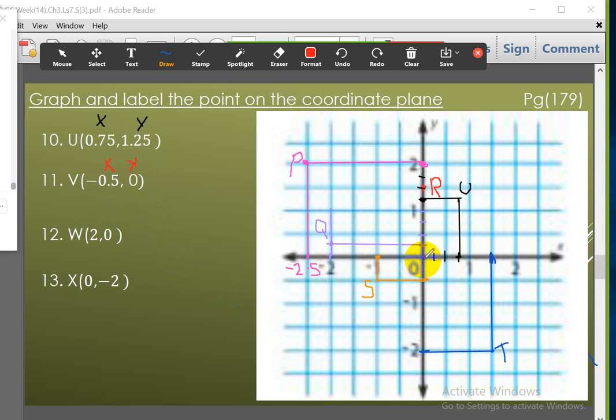That means when the y equals 0, the point is located on the x-axis. The x is negative 0.5, negative, that means on the left side of 0. 0.5 will be between 0 and -1 in the middle. This is the point V.